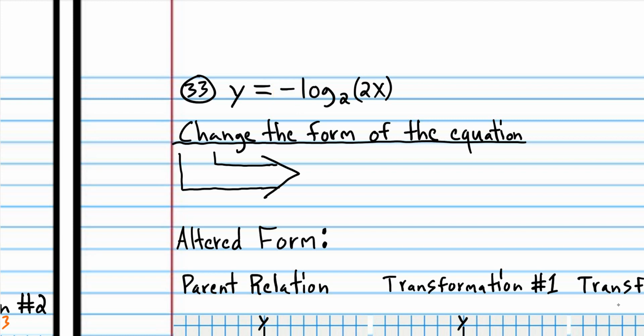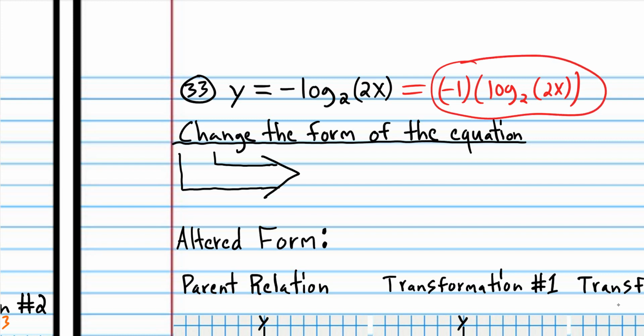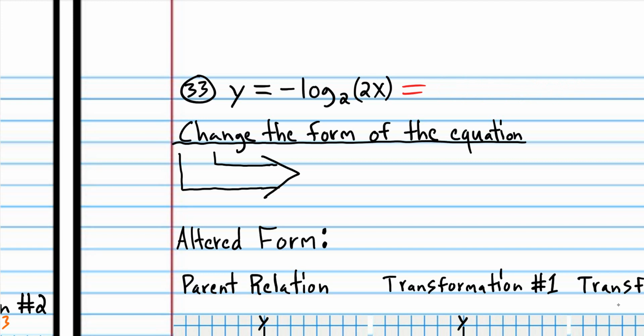So it's also important to understand that that negative in front means negative 1 times log base 2 of 2x. It's multiplication. You're multiplying by negative 1. A lot of students have trouble with that, so you need to realize we're going to divide both sides by negative 1.